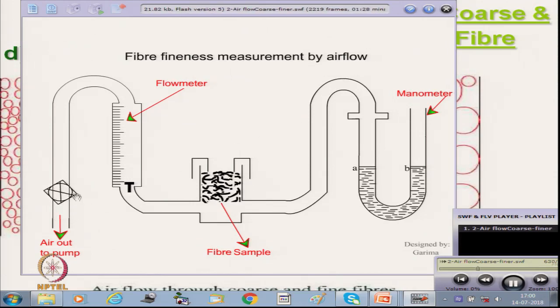Now, we are starting the process. The pump is started. Now, air is flowing.